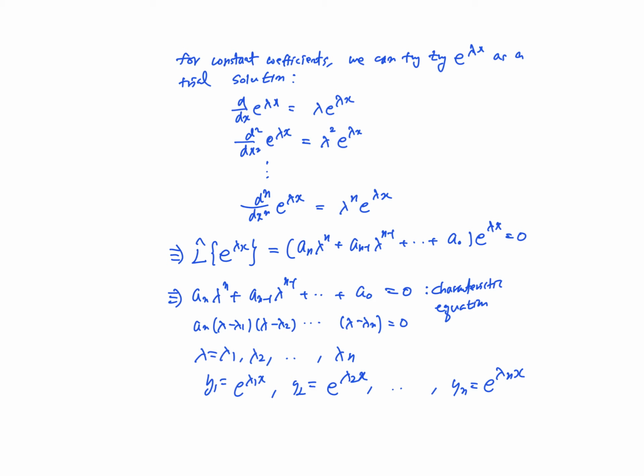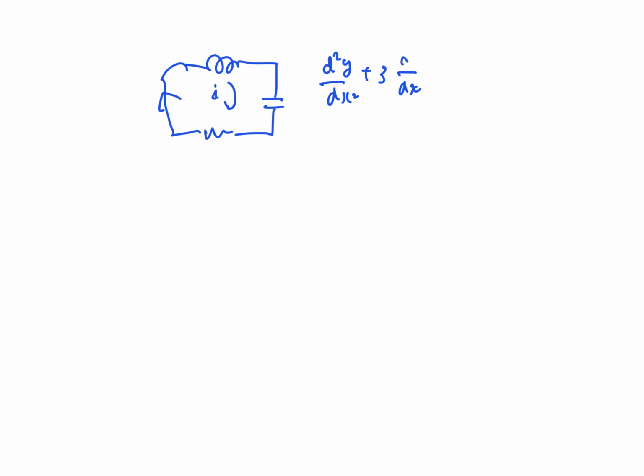So, for example, the typical problem: you have d^2y/dx^2 + 3 dy/dx + 2y is equal to 0, right?